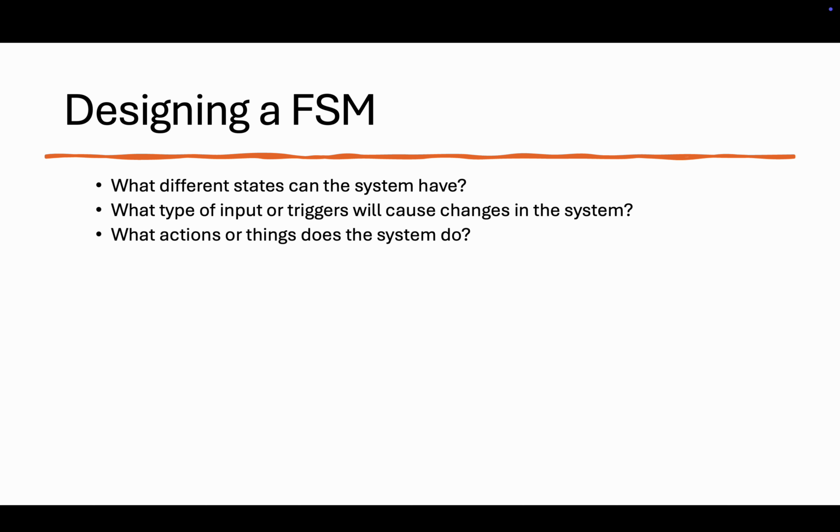Is it automatic? Is it timed? Are there sensors? Is the user involved? And finally, what actions or things does the system do? What is happening between those state transitions? And what is happening once the state starts? And what is happening when the state ends?